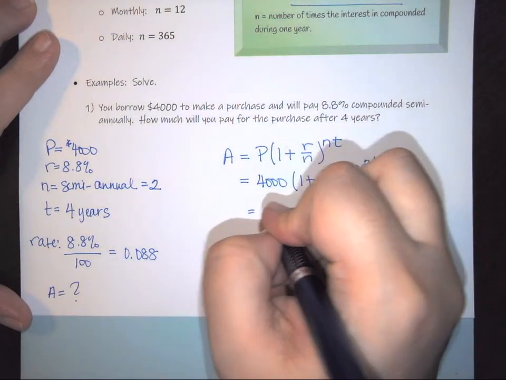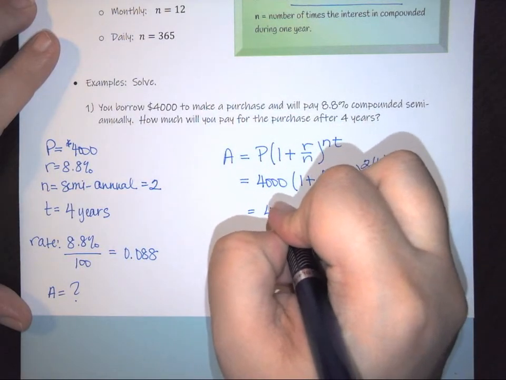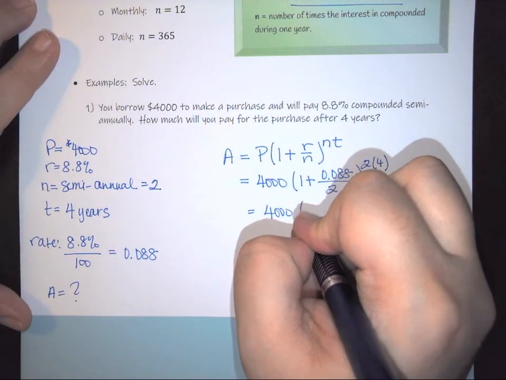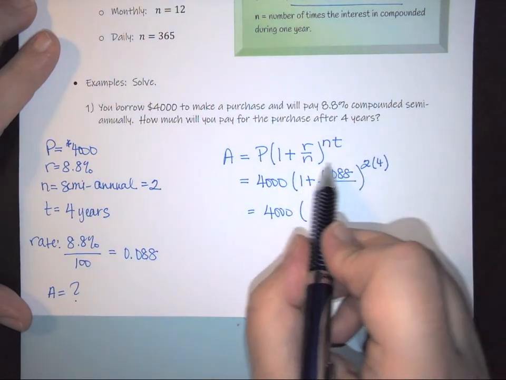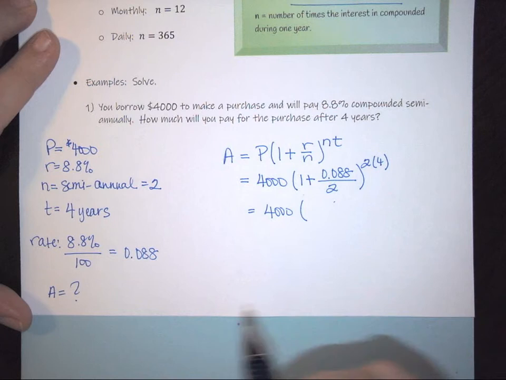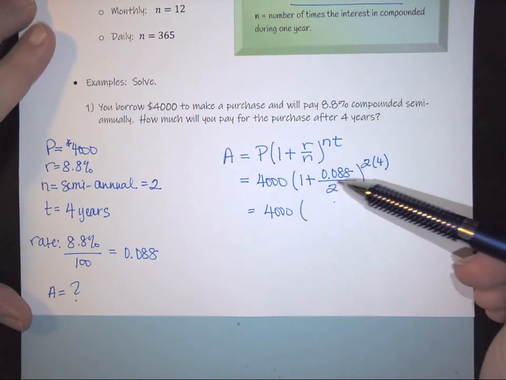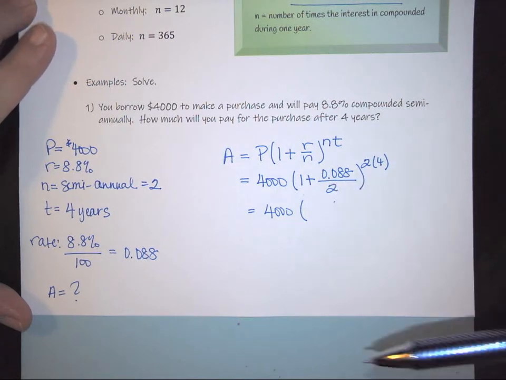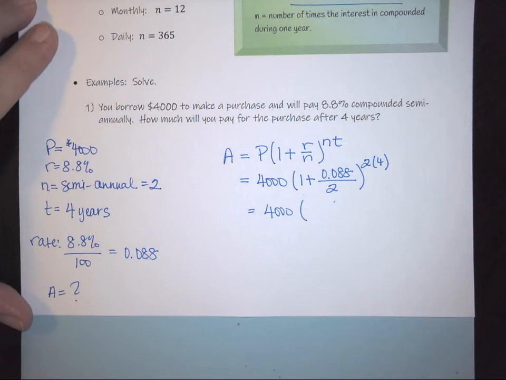So here we would have 4,000 times, and you would work inside out. So we would work on this inside piece. You would take the 0.088 and divide it by 2 and then add 1 to it.